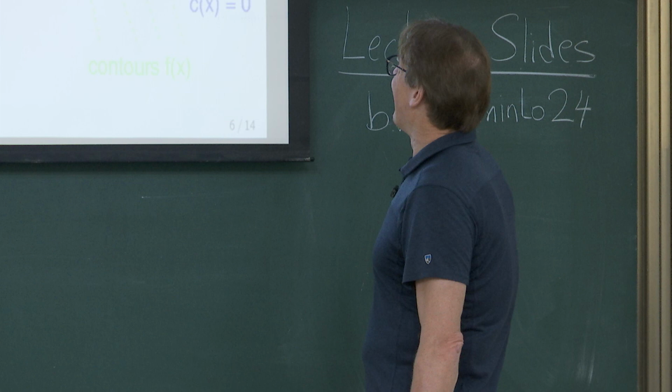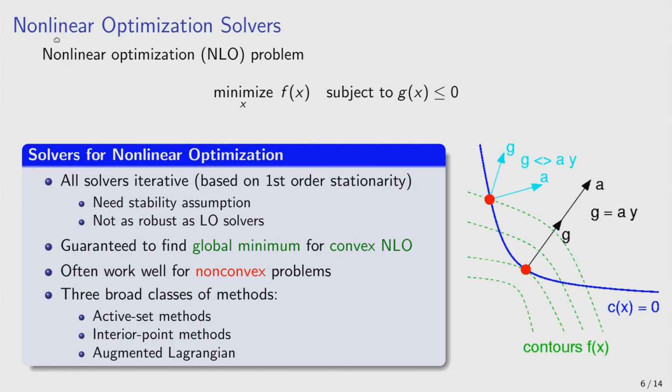It's trying to illustrate first-order optimality conditions for a nonlinear optimization problem. So we have an objective function, which here is f of x, and those are the contours that I just drew here, these green lines. I don't know if you can see them back there. And there's one constraint, and this constraint is called c of x. So I apologize for that.